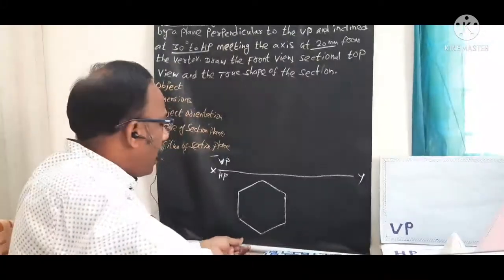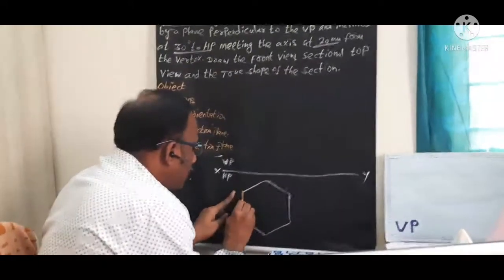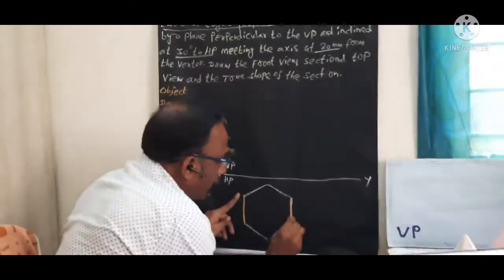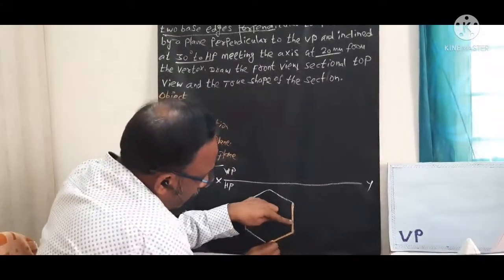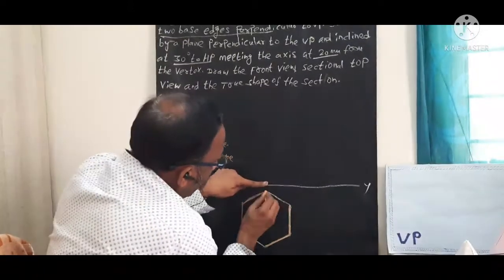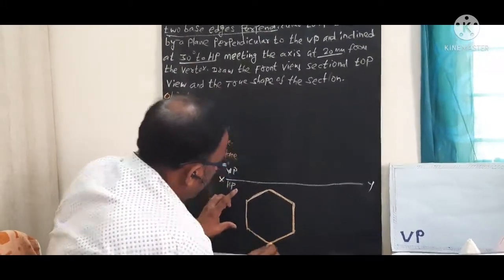So I am going to mark the points. These 6 corner points are to be joined legibly, right? With an HB pencil, you need to draw thick lines like this. And the corner points are to be marked and named like this.